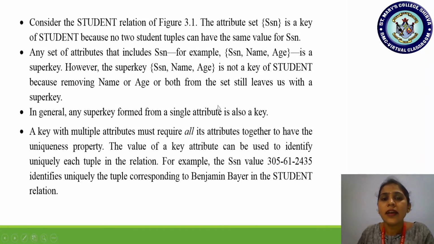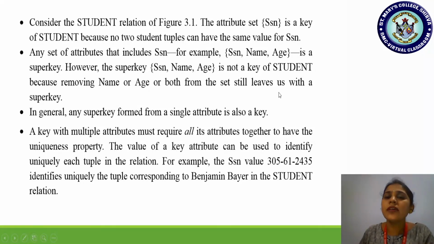SSN, name, age is not a key of student because removing name or age, either you remove name or age or both from the set, still leaves us with a super key. So either you remove name and retain SSN, age, or you remove both name and age, and simply leave SSN.